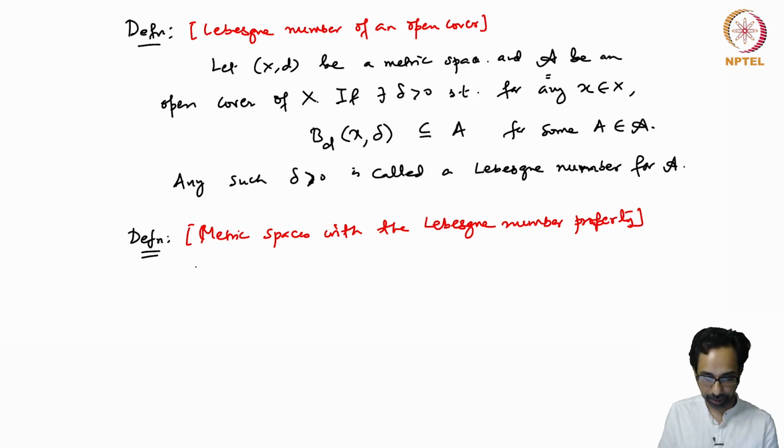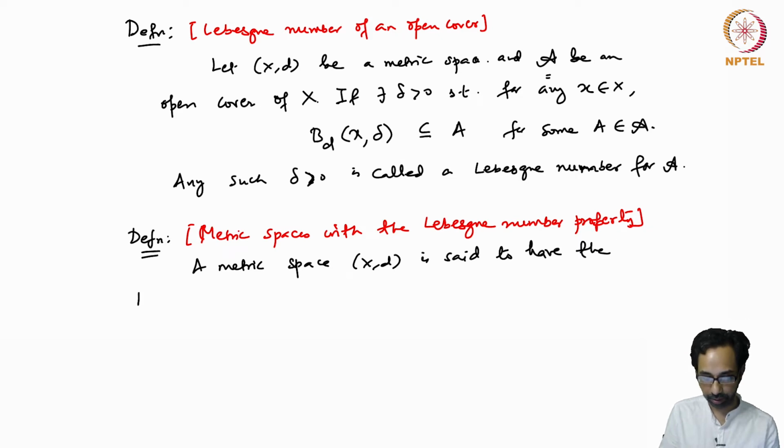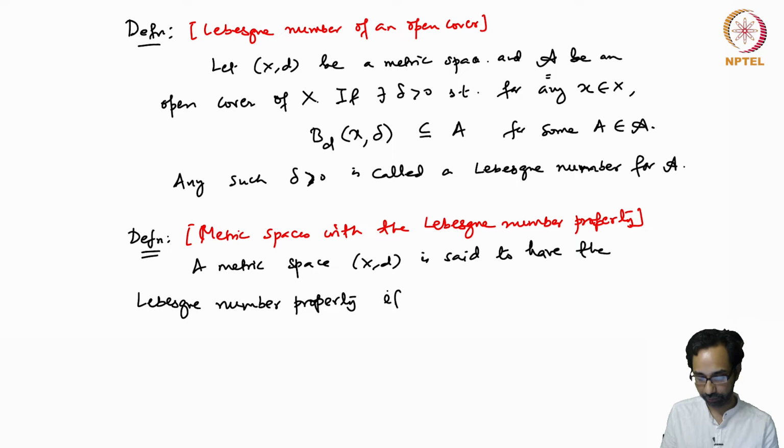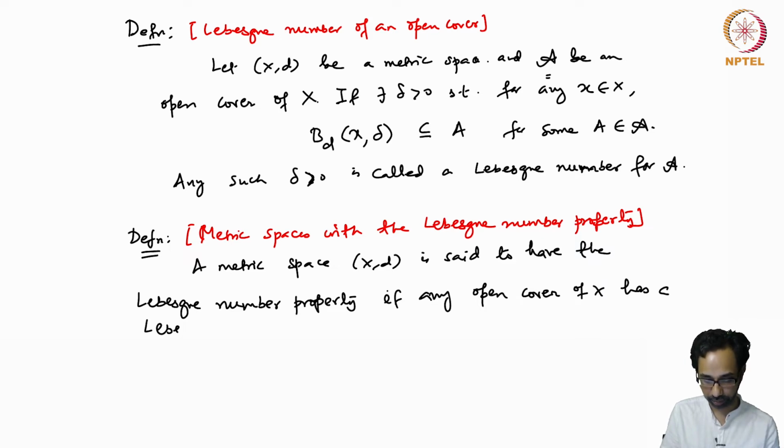And this says that a metric space (X, d) is said to have the Lebesgue number property if any open cover of X has a Lebesgue number.